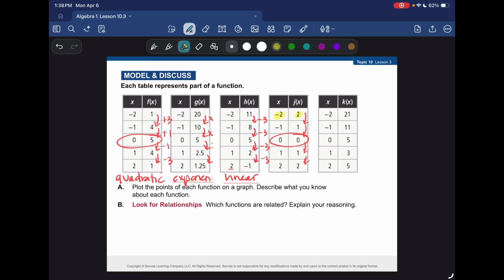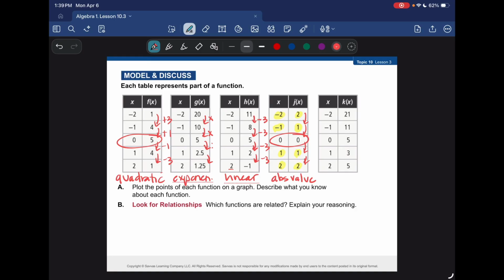If I take -1, what do I do to the input to get +1? Likewise, all the way through. What am I doing to the input to get the output? We can see that all we're doing is taking the absolute value of the input. So absolute value would also have a vertex and will change direction. So it's important to also check the relationship between the input and the output.